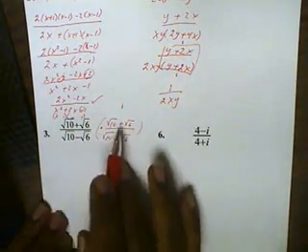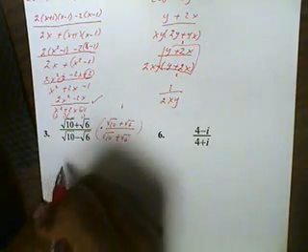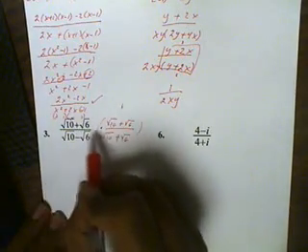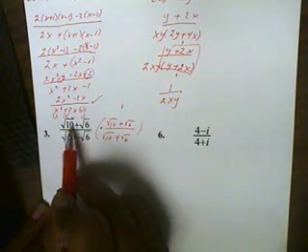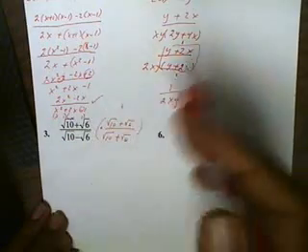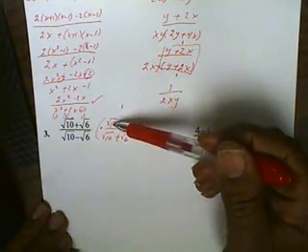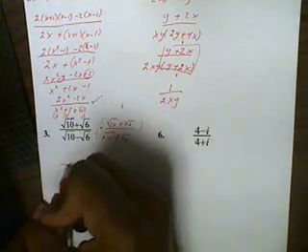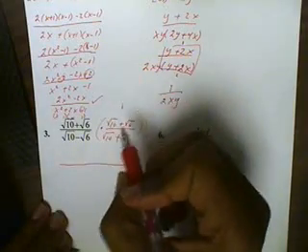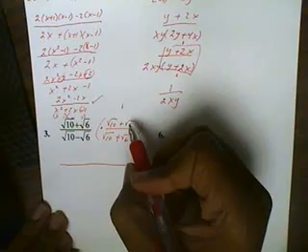Now, for the numerator, we're going to do the FOIL: the square root of 10 plus square root of 6, multiplied by another square root of 10 plus square root of 6. I'm going to use binomial expansion for that. The binomial expansion will be a squared plus 2ab plus b squared.